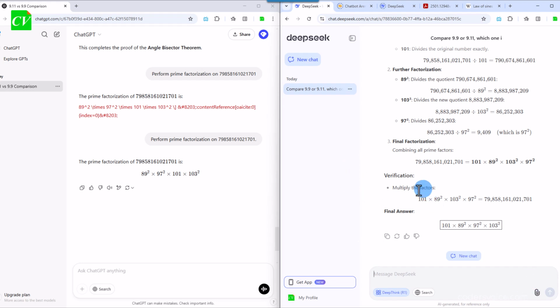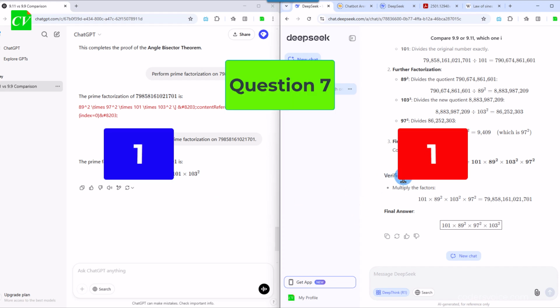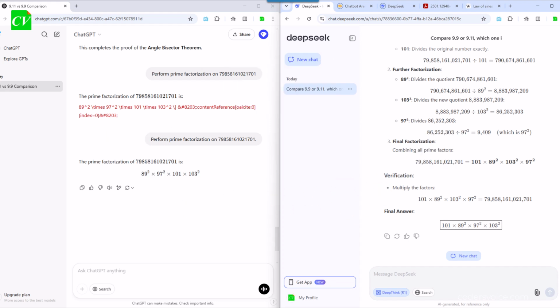Okay, DeepSeek also gives the final answer. This is also the correct answer. However, DeepSeek takes too long to get this answer. On my computer, it takes more than 5 minutes to get this solution. But both models give the correct answer, so each one gets 1 point.